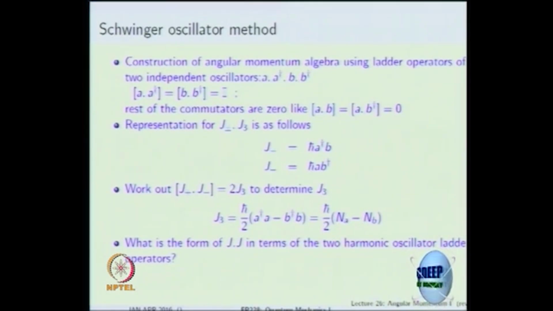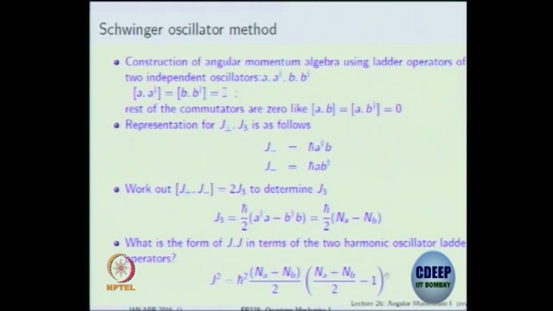This is also an exercise for you. You will get the result for J squared. Each one has an h cross, so when you take a product, there will be h cross squared. Substitute in terms of the representations involving A dagger and B dagger.